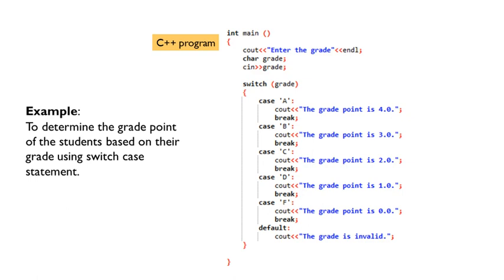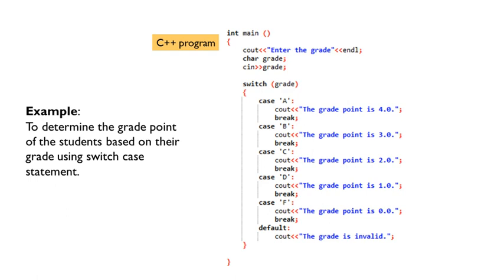If the user inputs the character A, the system will display the grade point is 4.0, and then it will do the break. If the case is B, the grade point is 3.0, if the case is C, the grade point is 2.0, if the case is D, the grade point is 1.0, and if the case is F, the grade point is 0.